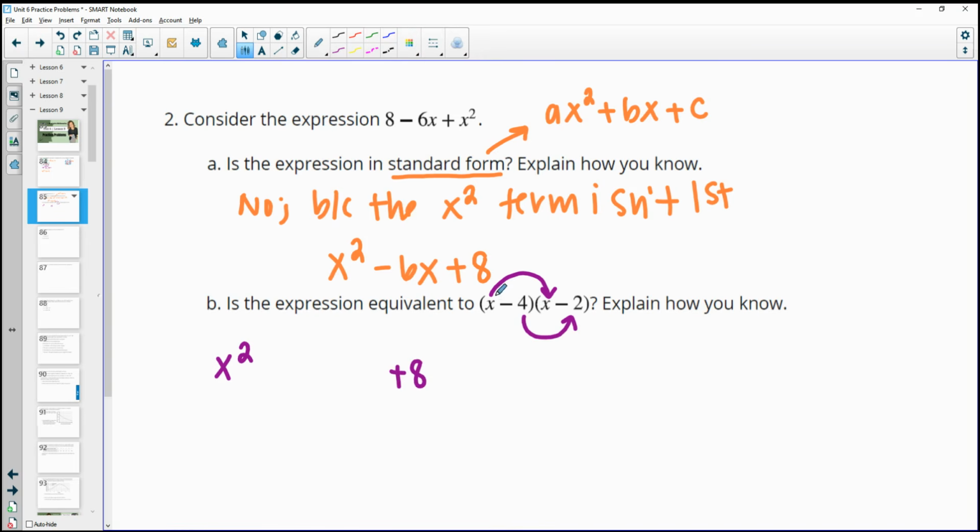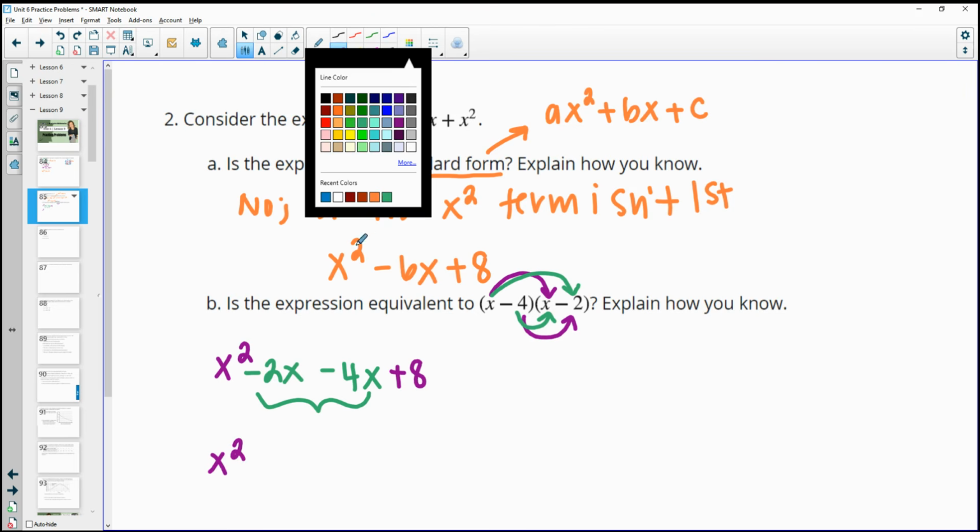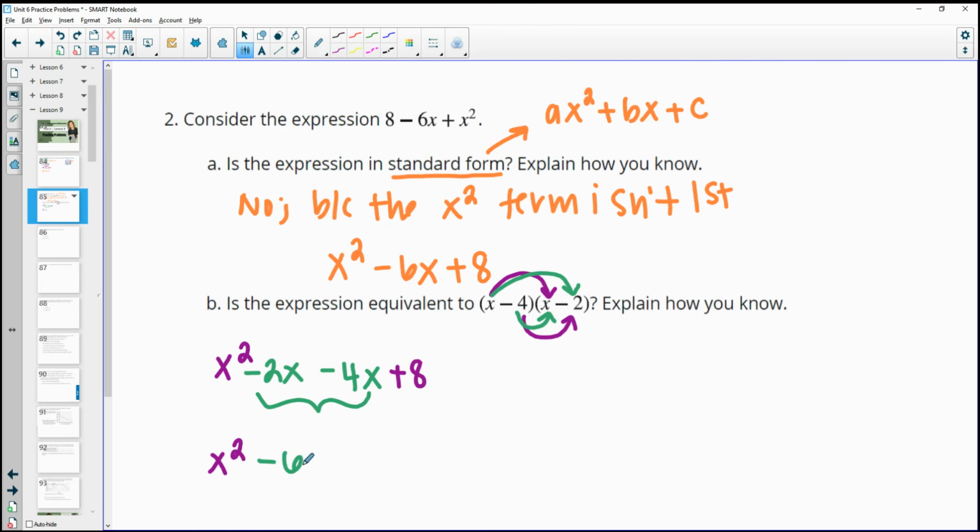Then you're going to get these middle terms when you do the x times the -2 and the -4 times the x. So I'm just still doing that distributive property, but looking at it a little bit differently, because I know I'm going to get this -2x and this -4x as my middle terms that are going to add together. And so then we end up with x squared minus 6x plus 8. So yes, it's the same thing.